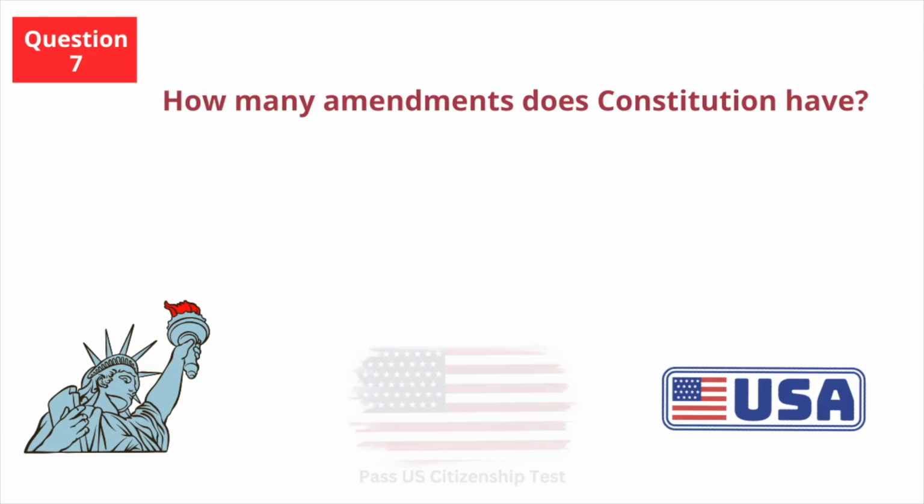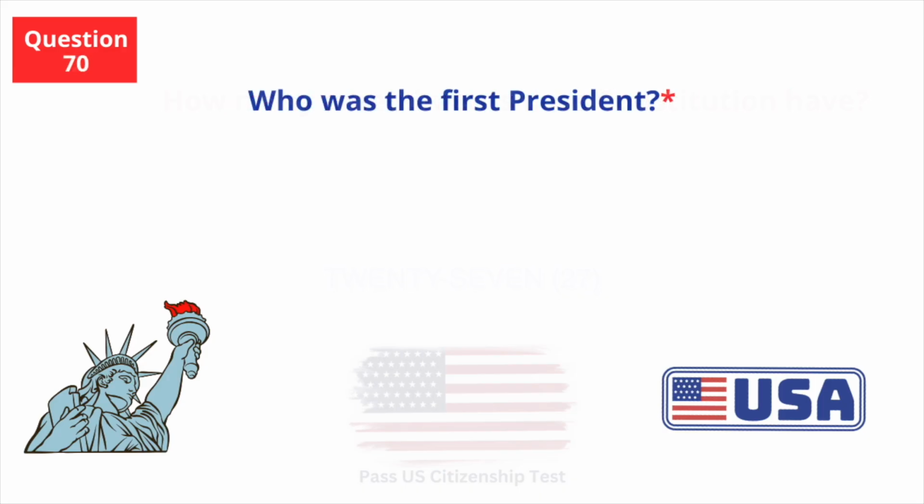How many amendments does the Constitution have? 27. Who was the first president? George Washington.